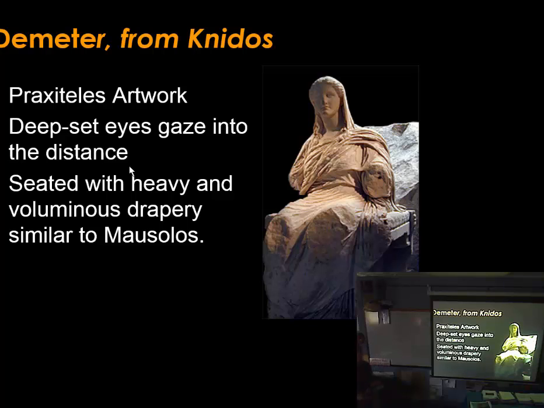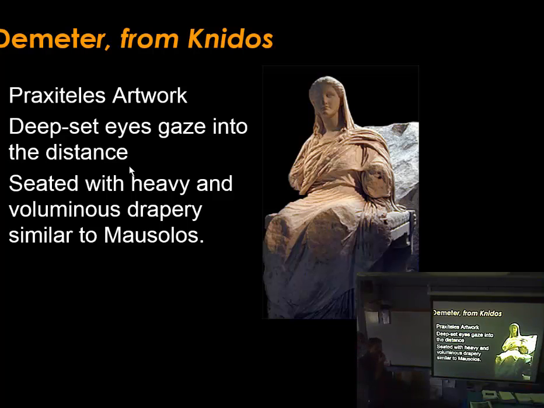Praxiteles is another late classical sculptor, from the style of Polycletus, but breaks away in certain respects. In this case, he has deep-set gazes that he focused on, so he's looking at the idea of the head gesturing and the gaze, and heavy, voluminous drapery.